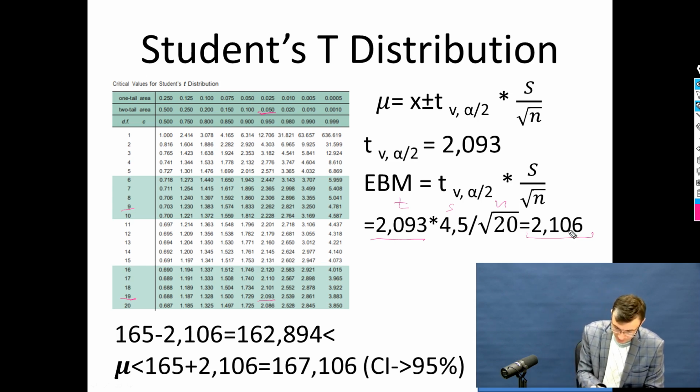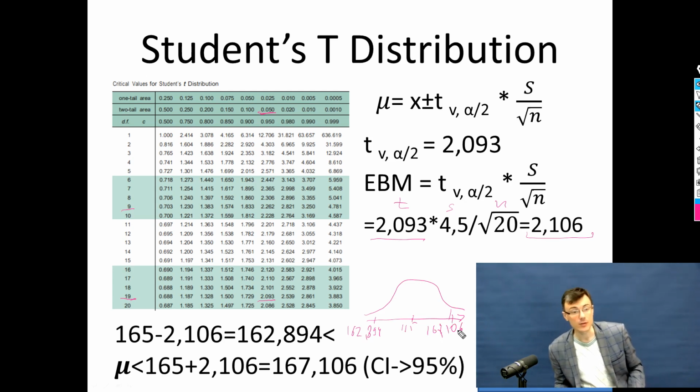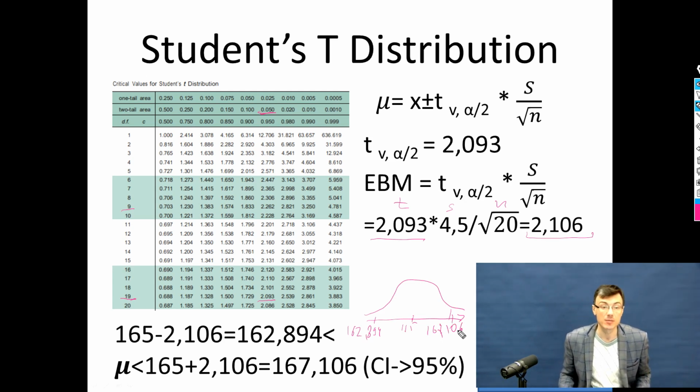So if we place here 0 our mean, and here we have our two boundaries, that with the level of confidence I get to this result. This is one example of T distribution or Student distribution.